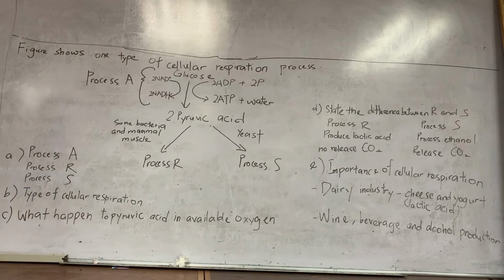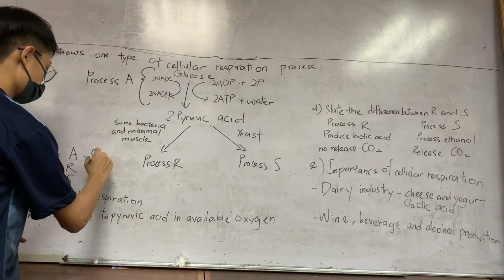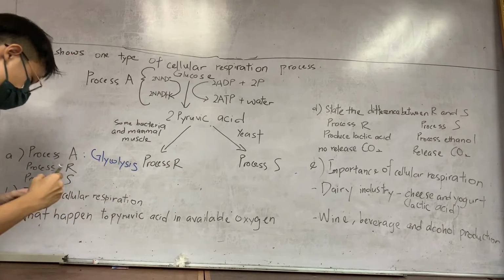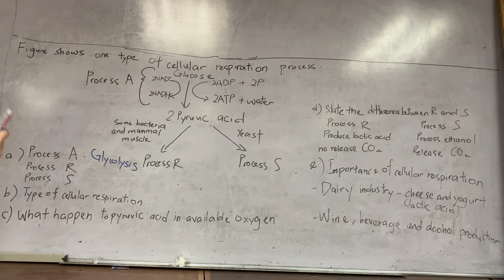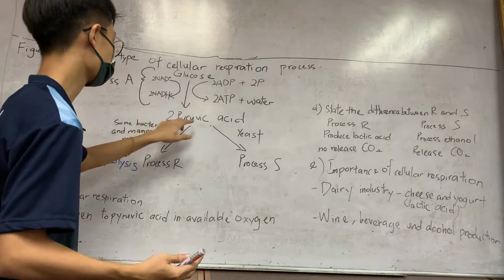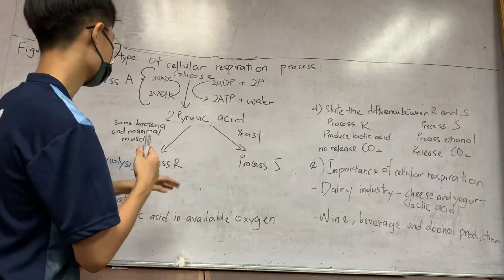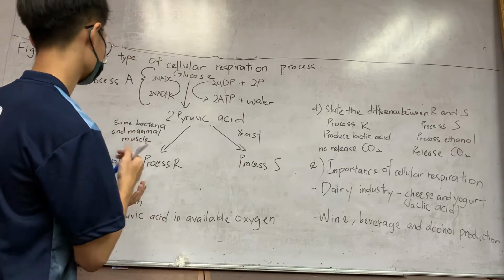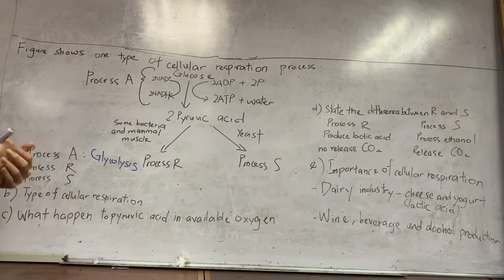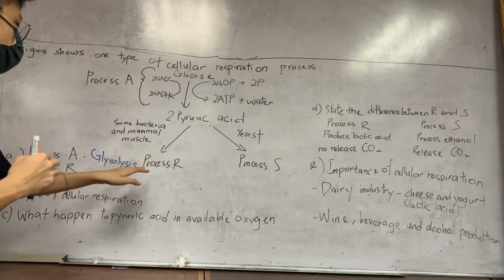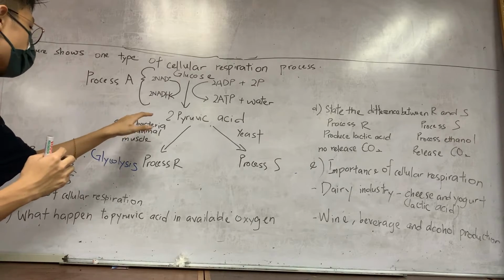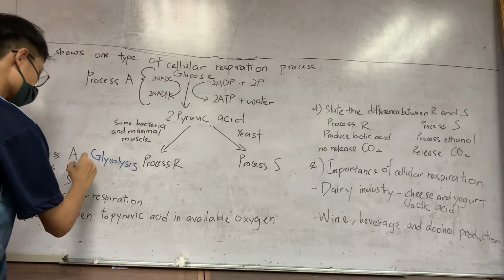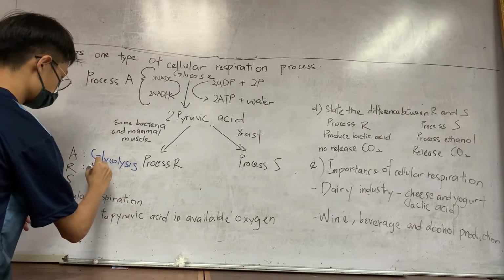This process Q is glycolysis. Then, the 2 pyruvic acid is converted to process R and process S. First, process R occurs in some bacteria and mammal muscle. That is, process R is the lactic acid fermentation.